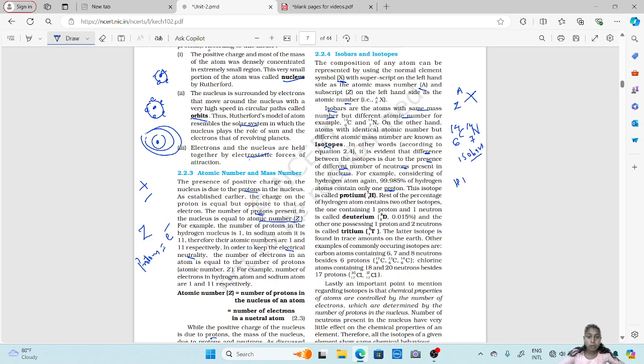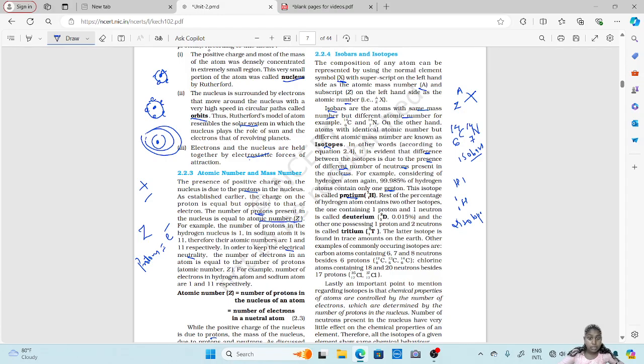This isotope is called protium, where it has atomic number one and mass number one. The rest of the hydrogen atoms contain two isotopes, where the atomic number remains the same but the mass number changes.